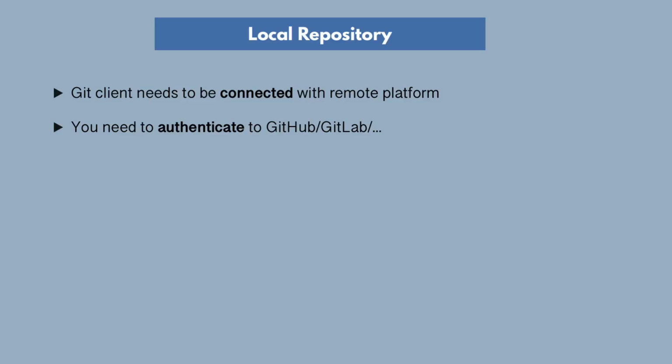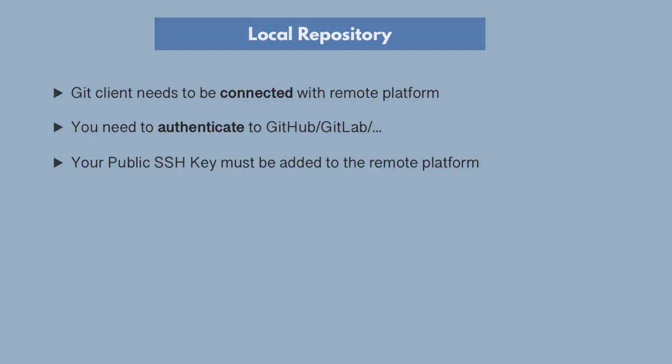So I have to authenticate basically to GitLab from the command line. And the way to do that is by adding my SSH public key to GitLab. And again, everything I configure here is exactly the same on GitHub. So I'm just going to use GitLab as an example, but know that everything works the same on GitHub.